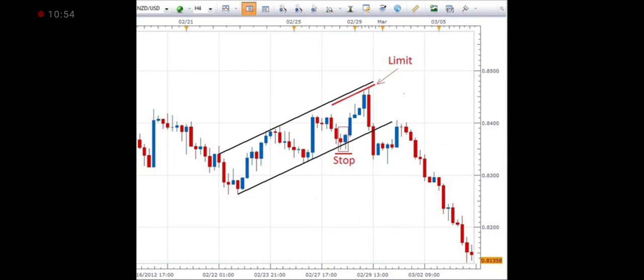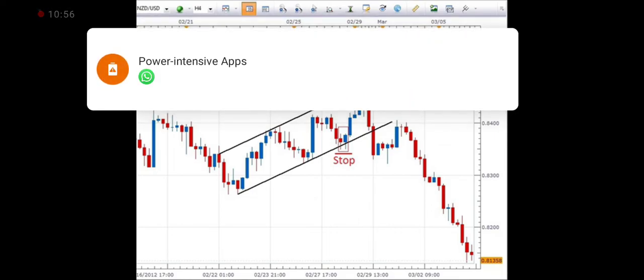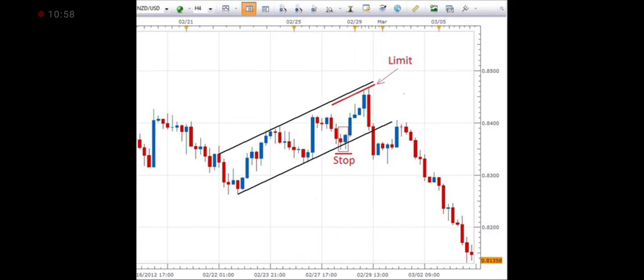The flag is just trying to tell you that okay, we are actually trending to this zone, but for the meantime, I want to correct a little bit. I want to form a flag.